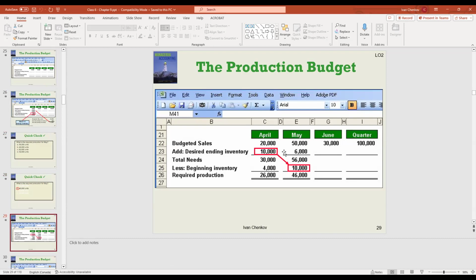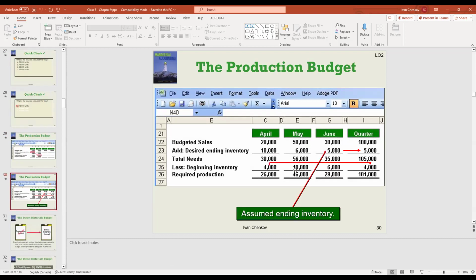Don't forget, these are ending inventories, 20% of the next month's sales. The beginning inventory is the ending inventory from the previous month. The tricky one is at the end of the quarter: budget sales, calculated April plus May plus June, then stop.